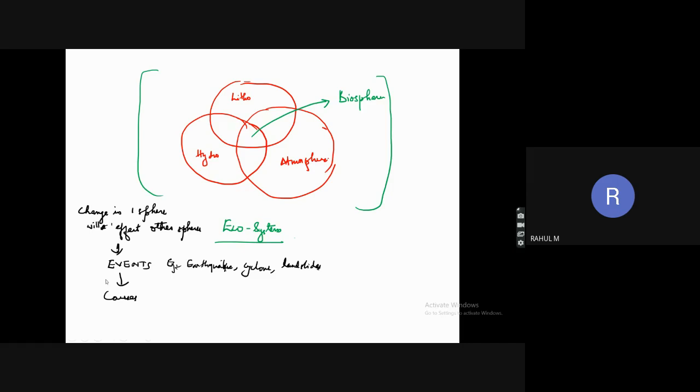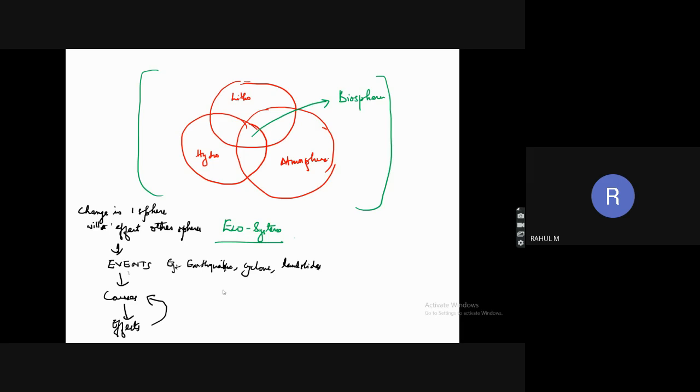An issue doesn't end by itself; it can lead to connected events. For example, we have seen that earthquakes inside the sea water generate a tsunami. So the earthquake is the event, and indirectly it triggers large waves, and the tsunami goes there, right? So events can sometimes trigger something, so that can also become a cause, and these causes terminate into effects. This can form a cycle of events, a cause and effect cycle that will continuously result in disastrous activities.